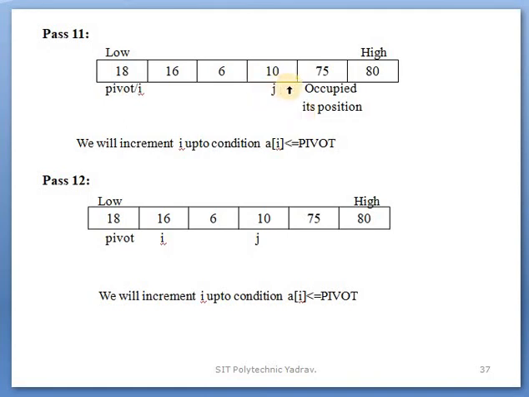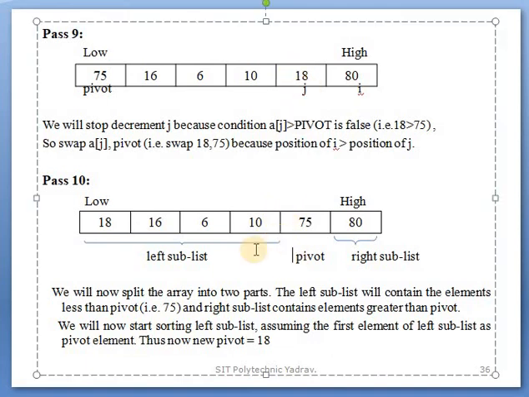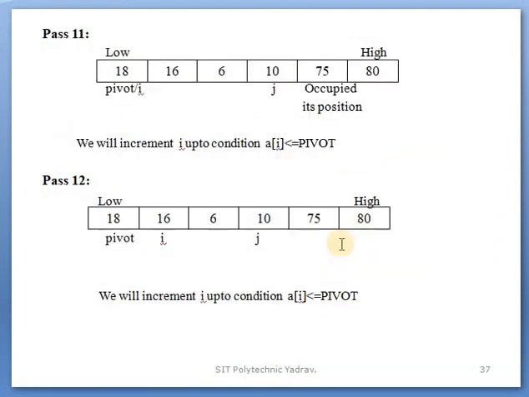In our algorithm it said that when the left sublist is used, that time high changes. Low is fixed, high is not fixed, in that left sublist.